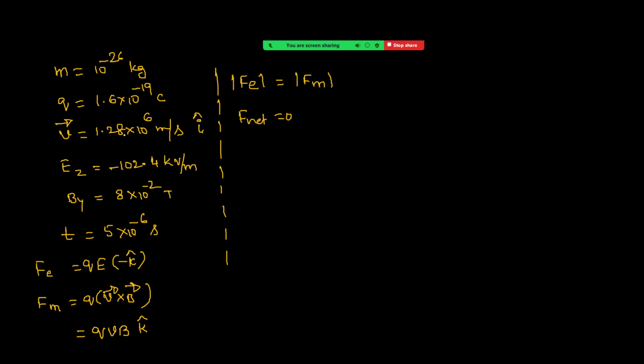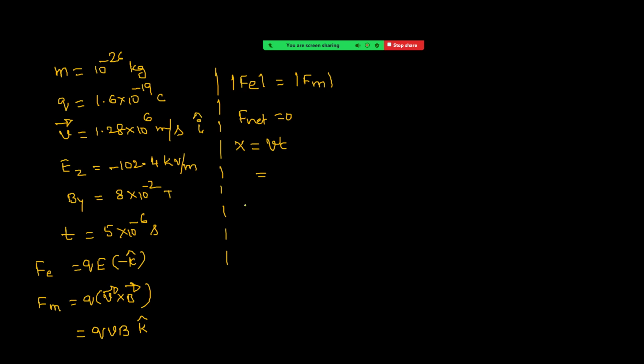Now see the question. We have to get the coordinates x, y and z when t equals 5 × 10^-6. So coming to the x coordinate, it is v into t. The v value is 1.28 × 10^6 times 5 × 10^-6. 10^6 and 10^-6 get cancelled, remaining 1.28 into 5.